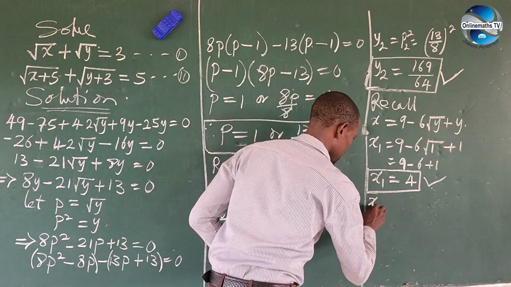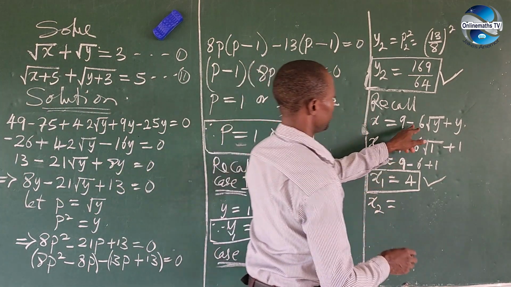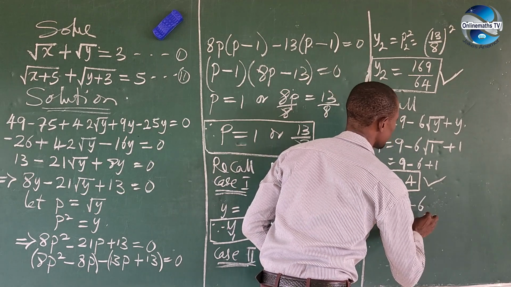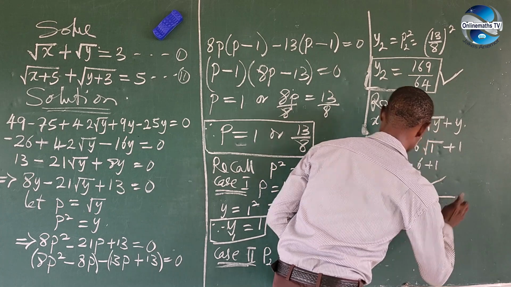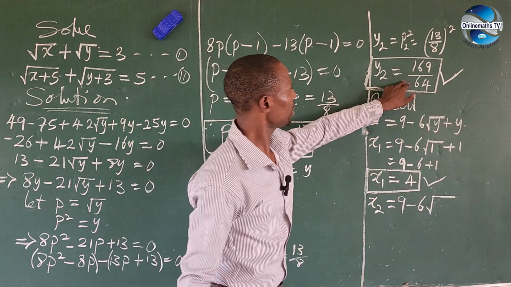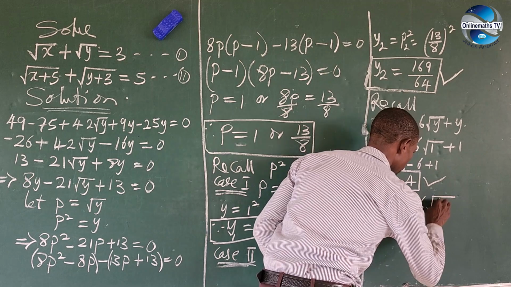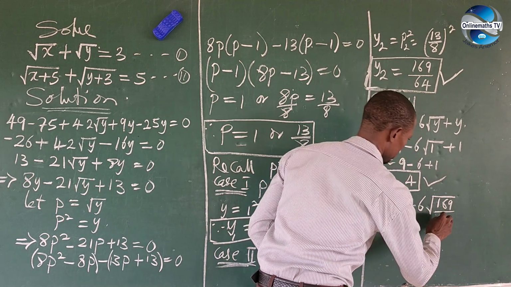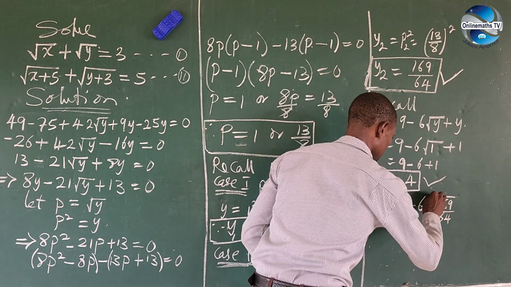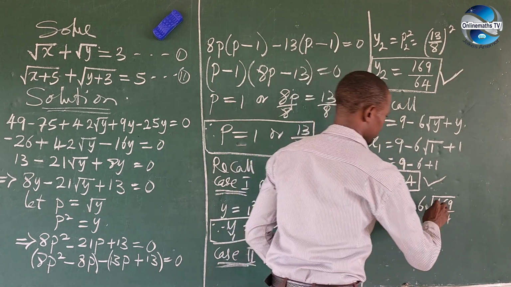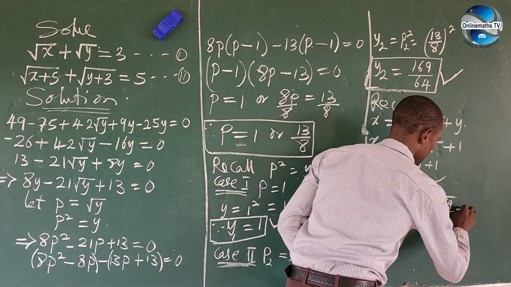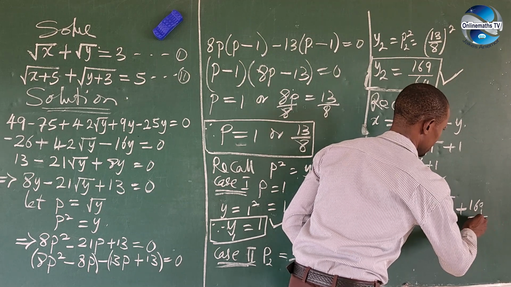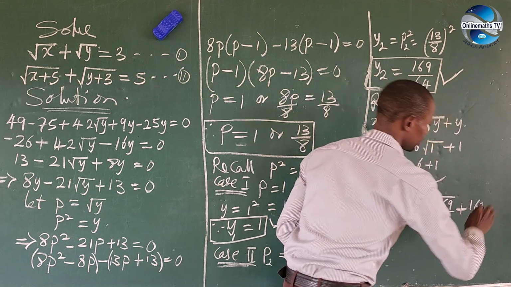From this expression, this will give us 9, then minus 6 into the square root of, what is our y2? Our y2 is 169 all over 64. The square root is covering everything, all over 64. Then plus, again, 169 all over 64.